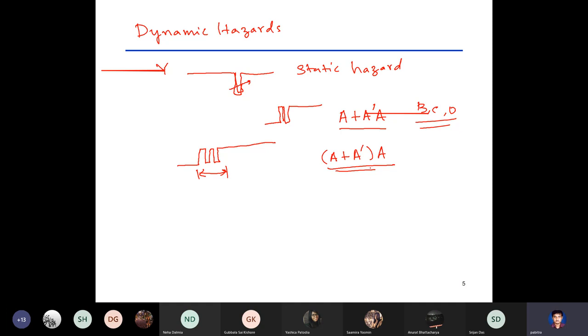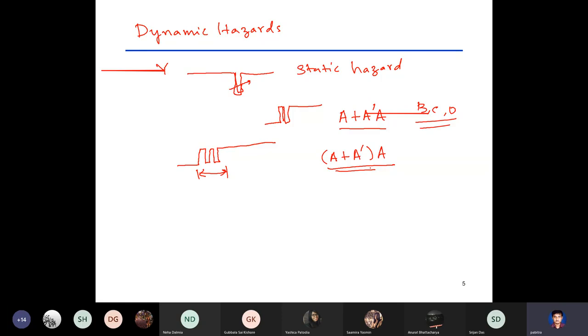You can also think of this as a combination of multiple static hazards. So if the function reduces to something of this form, then you can have a dynamic hazard.